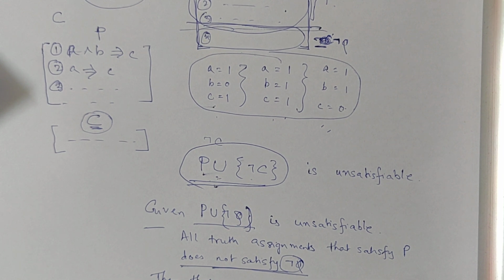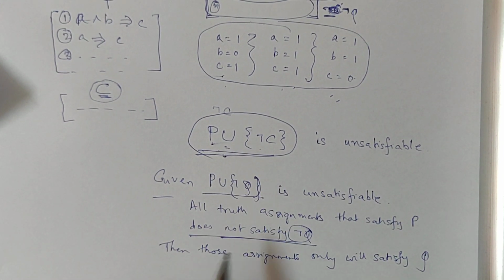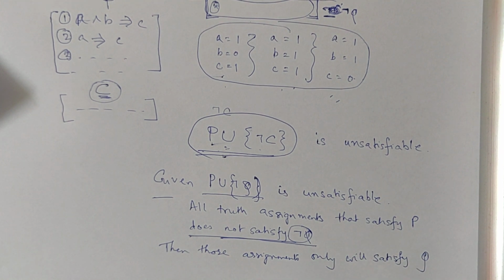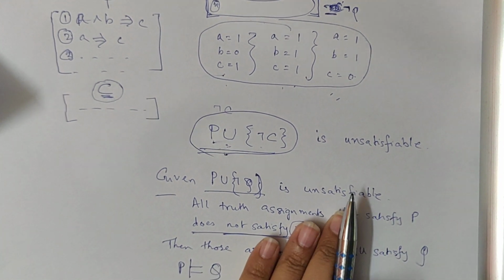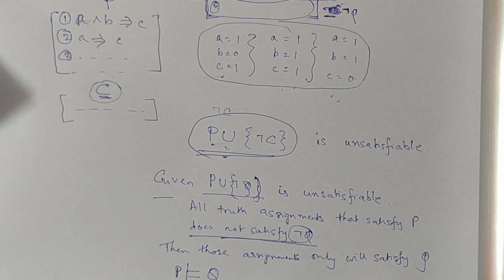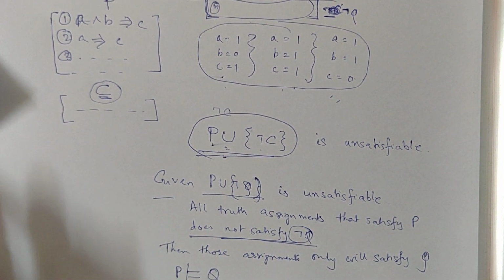So if the truth assignments which are satisfying P are satisfying Q, then what can I say? I can say that there is a logical entailment between P and Q. So observe what I did.